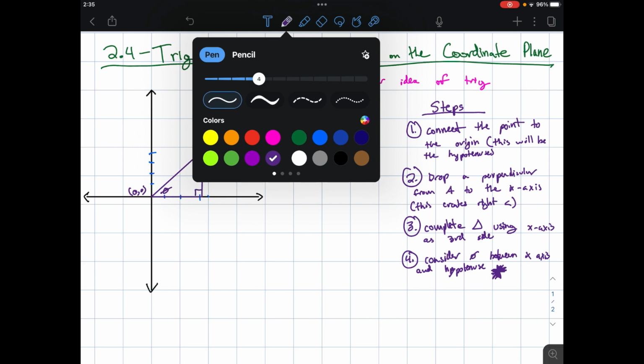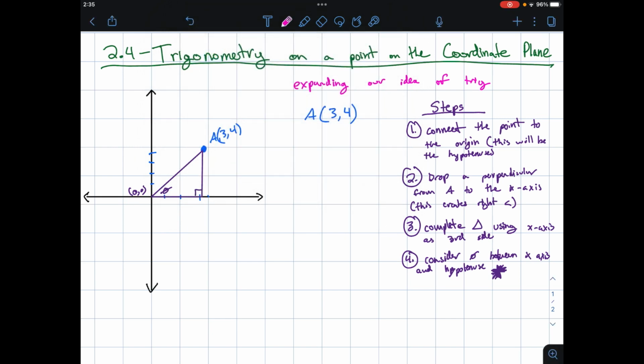I'm going to label the lengths of the sides of my triangle. If the y-coordinate's 4 and the origin is 0, that means this length is 4. If the x-coordinate is 3 and the x-coordinate of the origin is 0, then this length is 3. And then by Pythag, the hypotenuse is 5. So sine of theta, opposite over hypotenuse, would be 4 over 5.